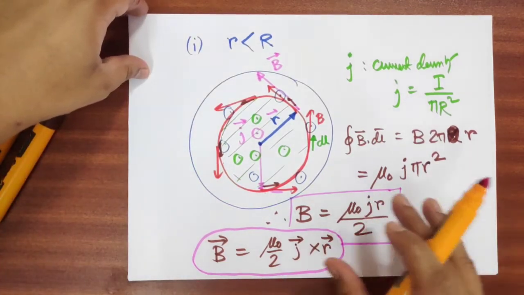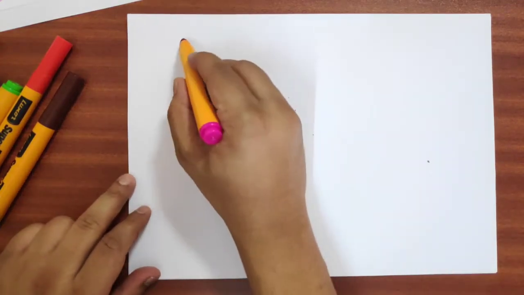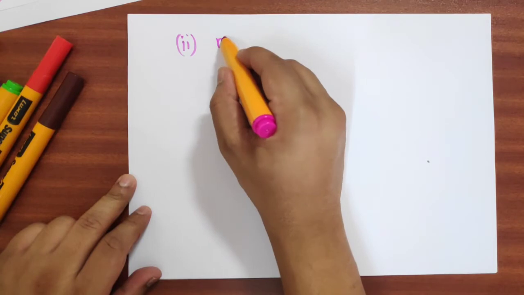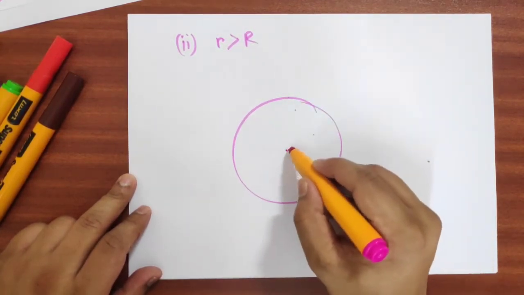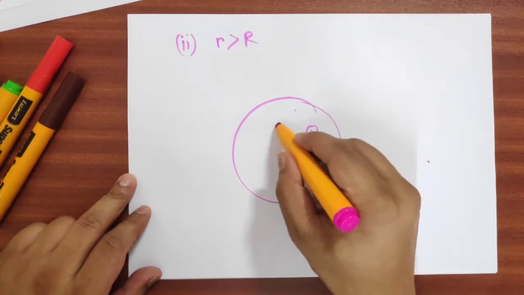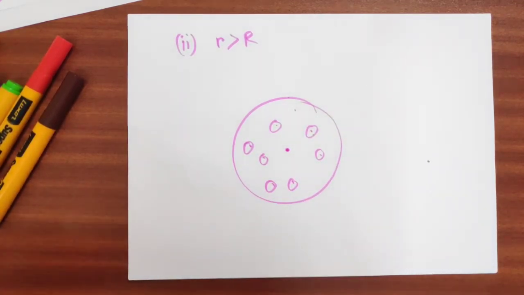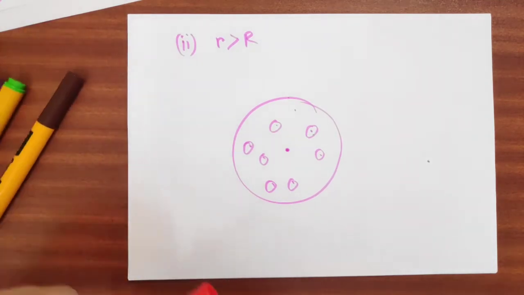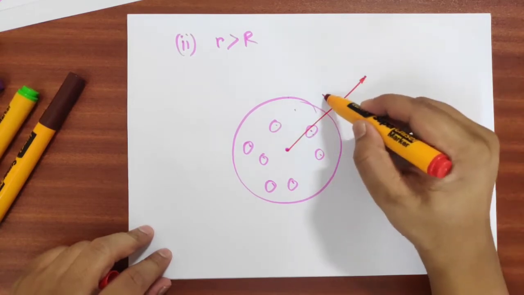Okay, now let's go outside this wire. So case 2, r is greater than capital R. This is the axis, this is the current flowing through the wire, and you need to find the magnetic field at this position. So draw this r.